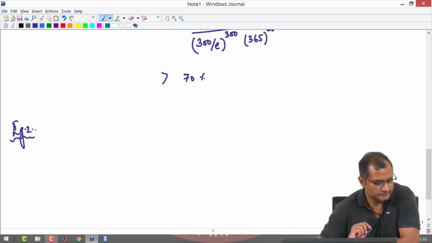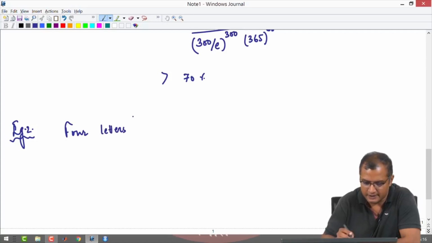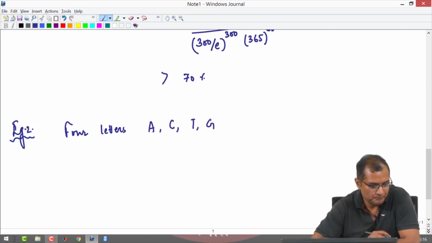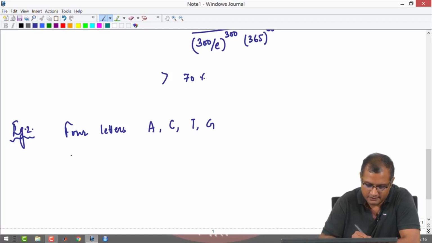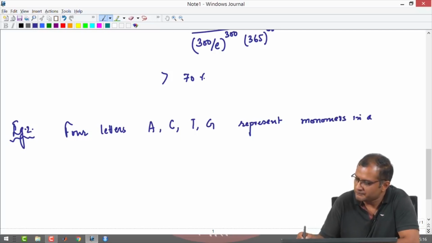Let us say that you have 4 letters, A, C, T and G. Suppose these 4 letters represent monomers in a peptide chain.